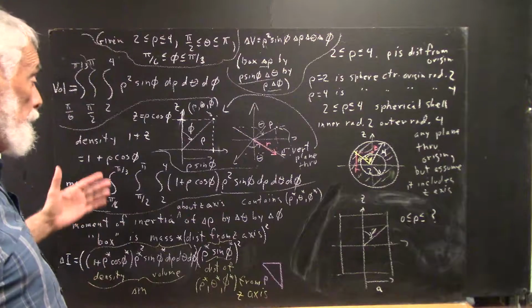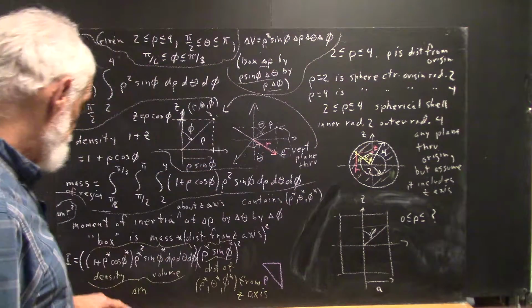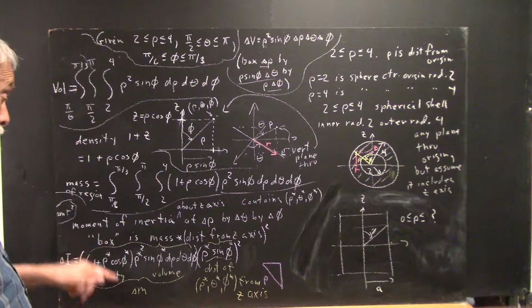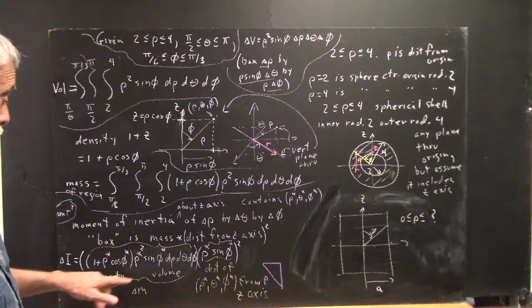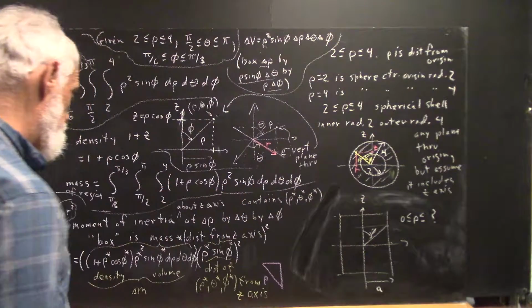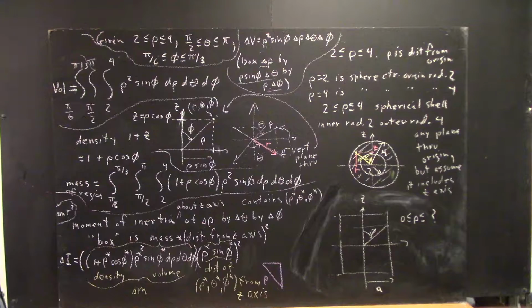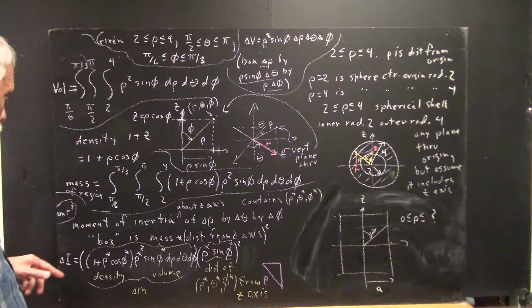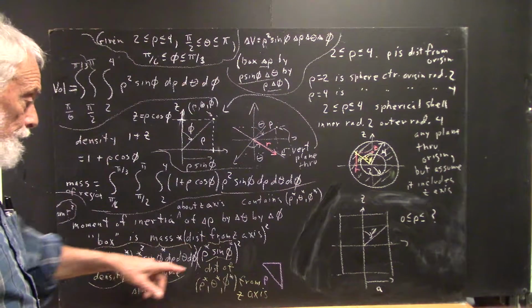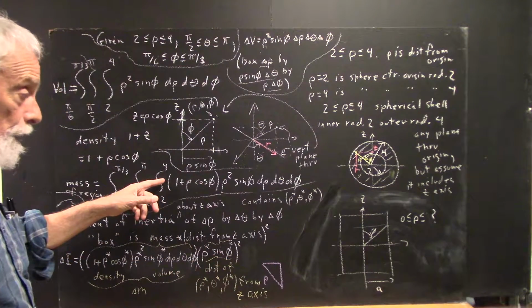And the only difference in this integral and the integral you get here, well, this integral came from just the mass, because this was the integral for the mass. Okay, and we see how this much of the expression gave us this quantity here. And you see that all we have to do to get the moment of inertia is multiply by rho sine phi.